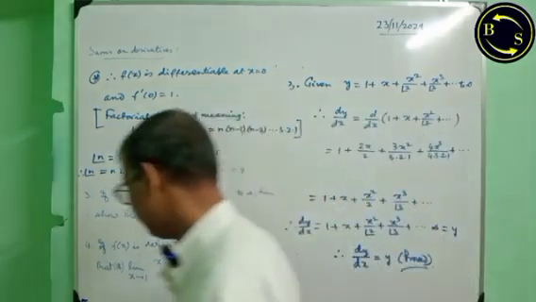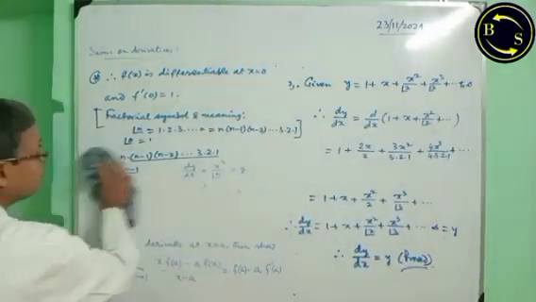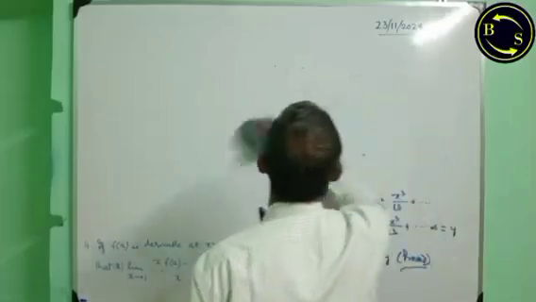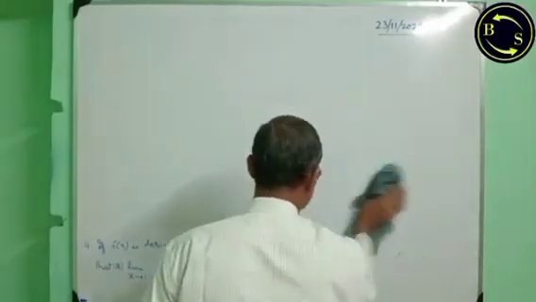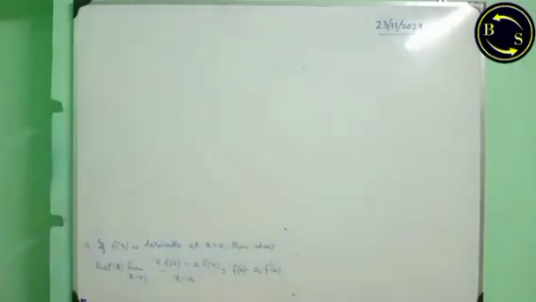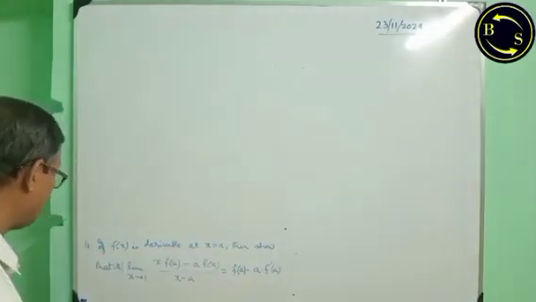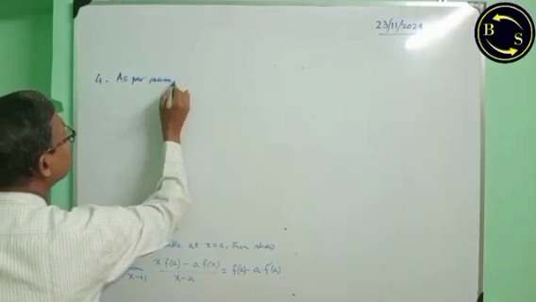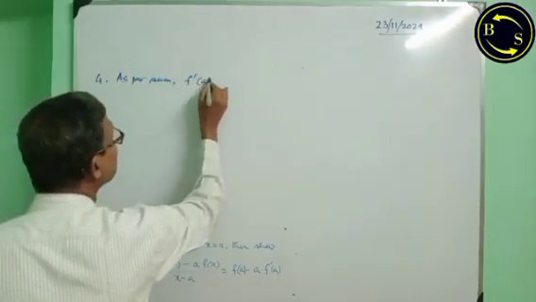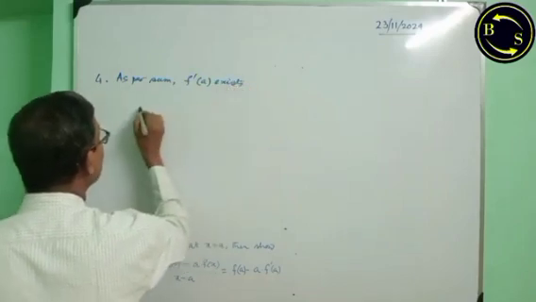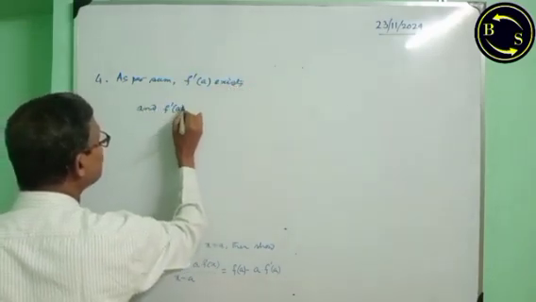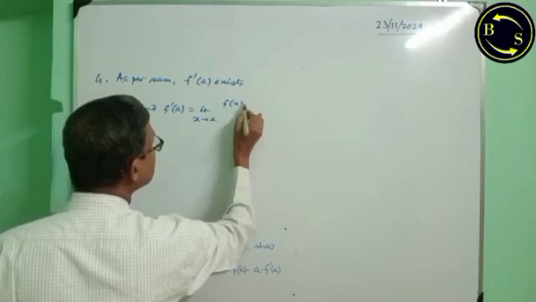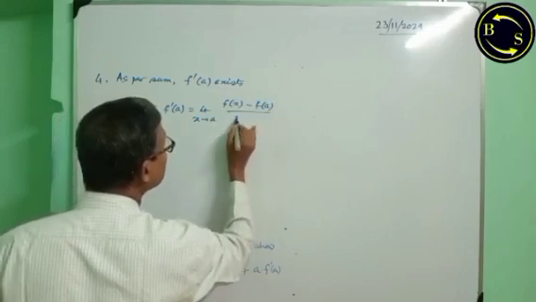Now sum number 4. If f is differentiable at x equal to a, as per the sum, if f dash a exists, then f dash a equals limit x tends to a of (f x minus f a) by (x minus a).